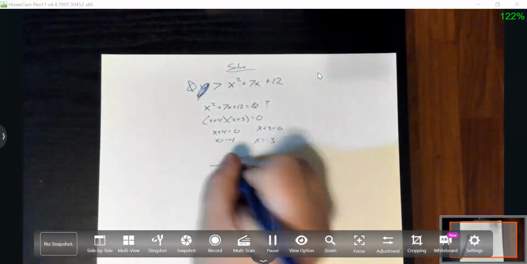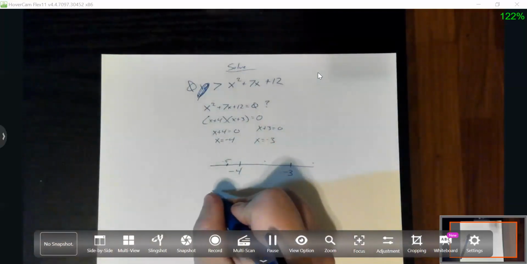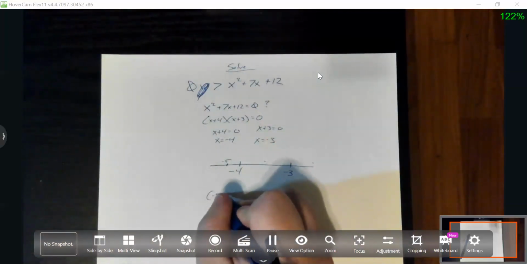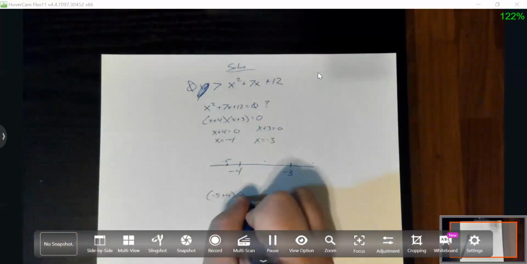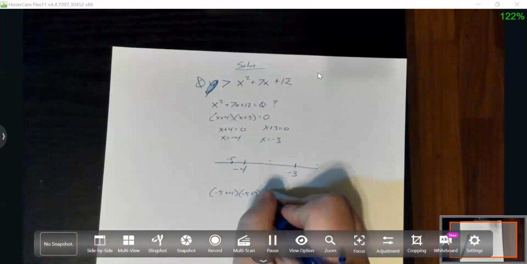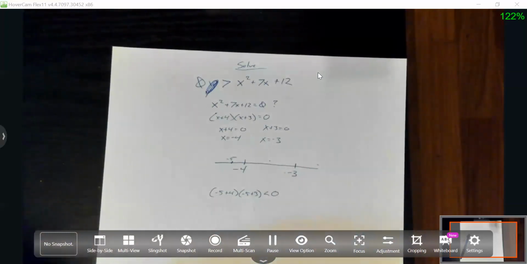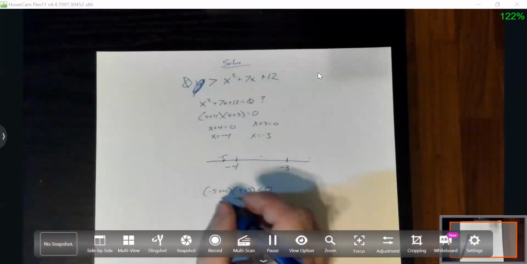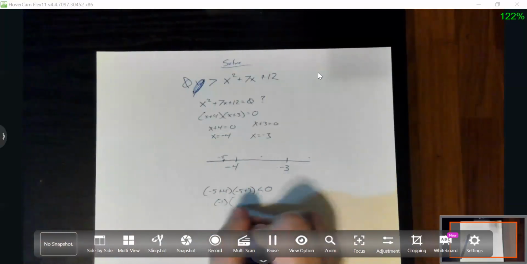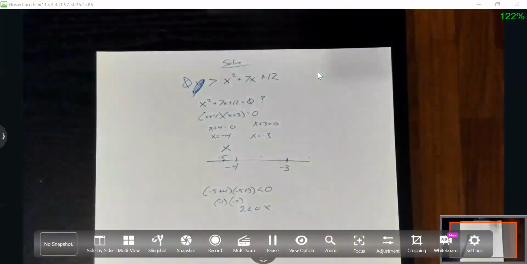So I'll choose a test value of -5, and I plug it into my equation. So that's -5 plus 4 times -5 plus 3. And we are asking, is this thing less than 0? So that gives me -1 times -2, which is 2. 2 is not less than 0. It failed. That region is no good.